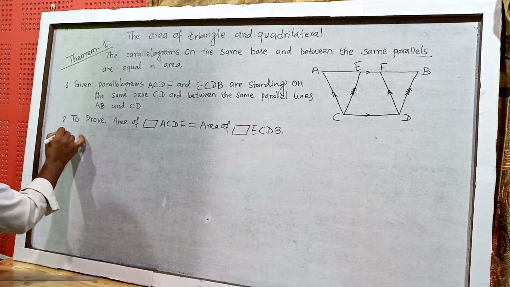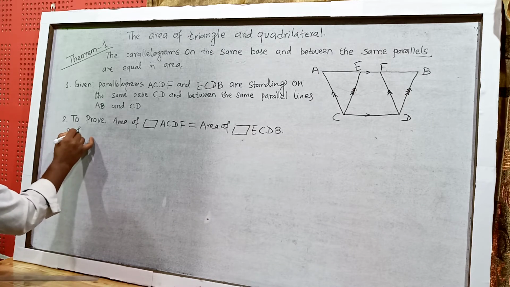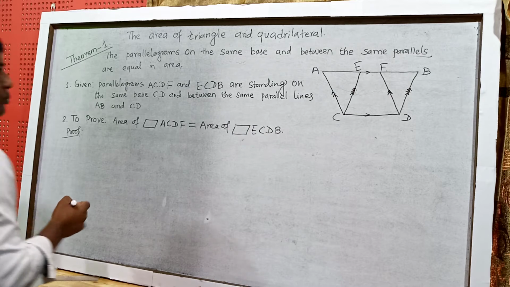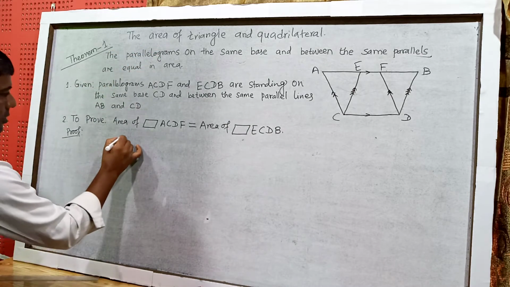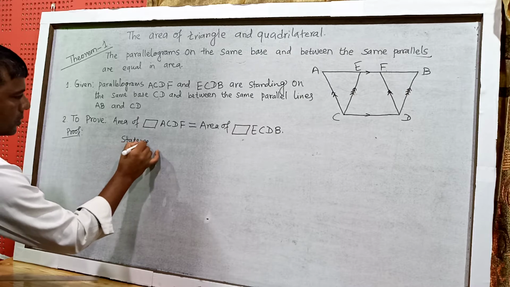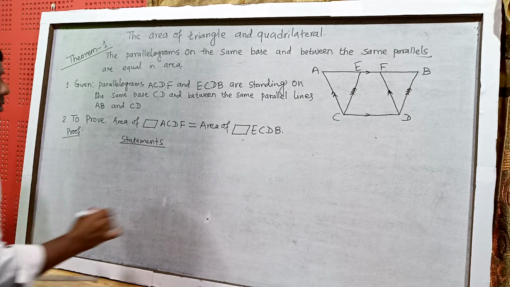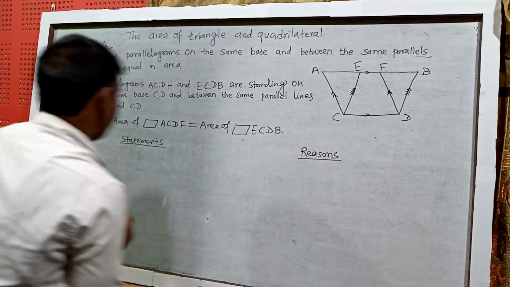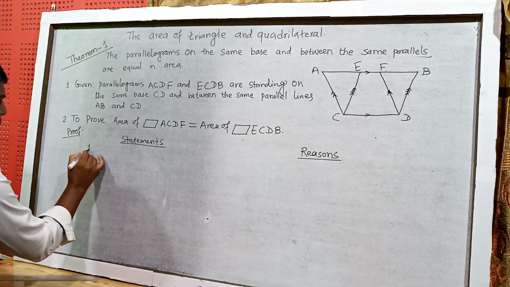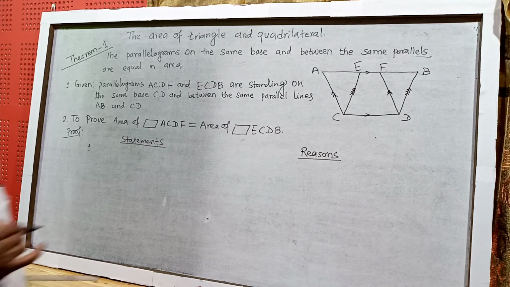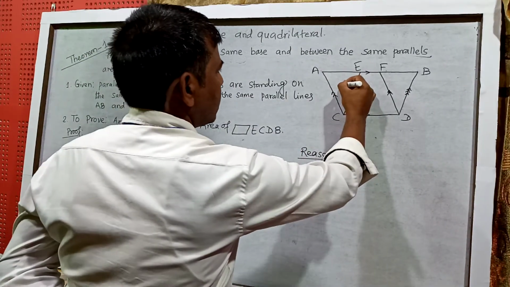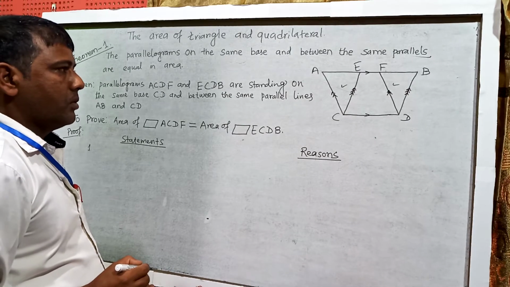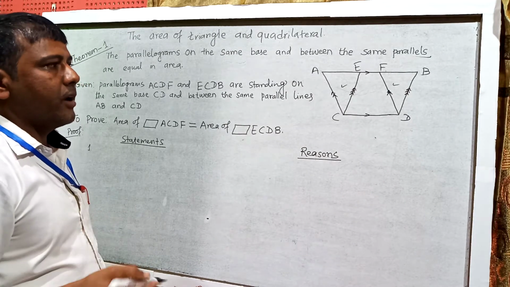Now proof. We should give the proof with statements and reasons. To prove this, at first we should show this triangle and this triangle congruent. My students, do you know how to show triangles congruent?